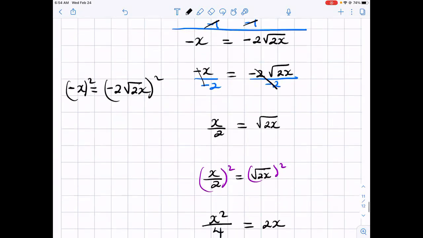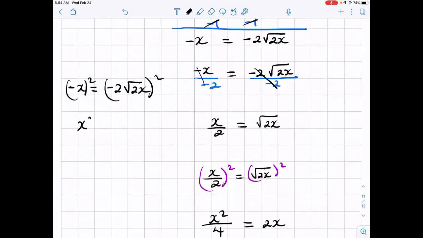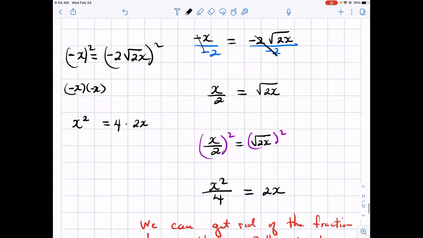So this will become a positive x squared, because minus x times minus x becomes positive x squared. And on the other side, this will become a positive 4 times 2x, which becomes 8x. So you end up with the same answer. So that was something that you could have done.